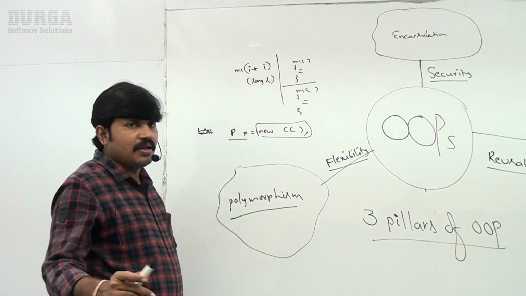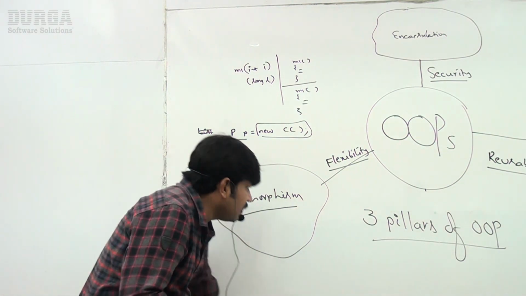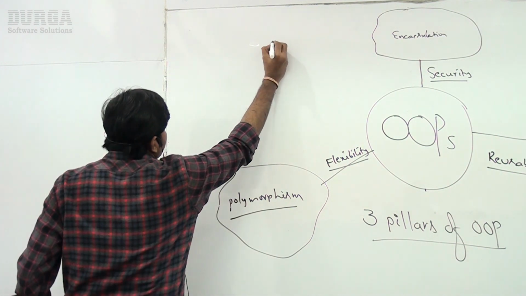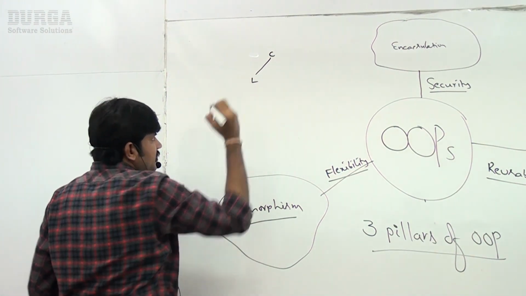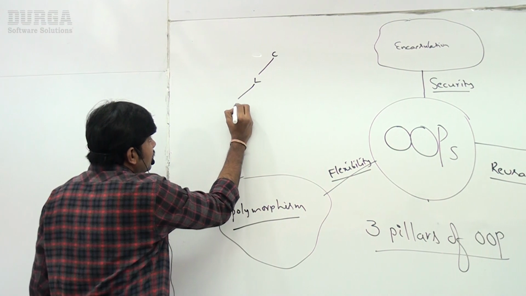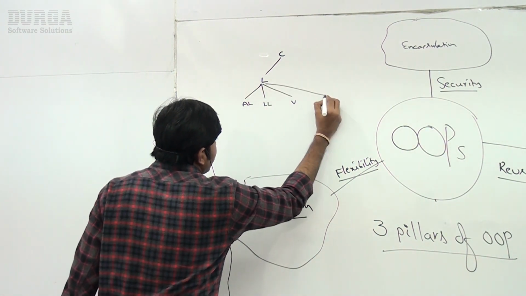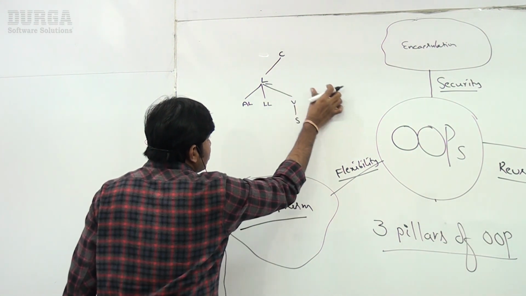Sir, the best example, if you consider, is the list collections concept. Have a look once. Under Collection, List is there. Under this List, ArrayList, LinkedList, Vector, and then Stack are there, sir.